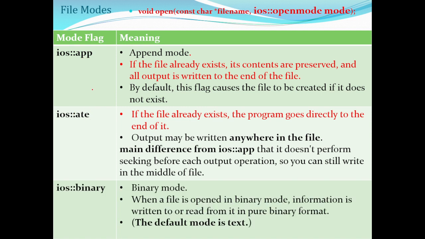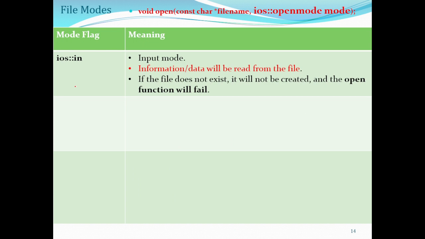If the file is binary, or if you want to open a file in binary mode, we use this flag. By default, if we don't say anything about binary or text, it is text. With this flag within the open function, which is a parameter, we are opening this file for reading.